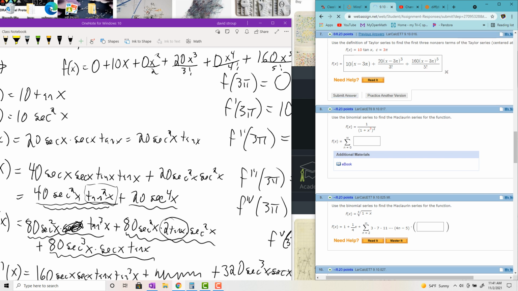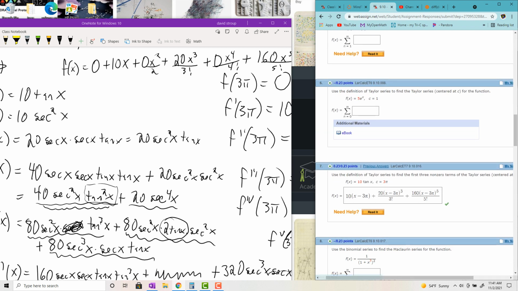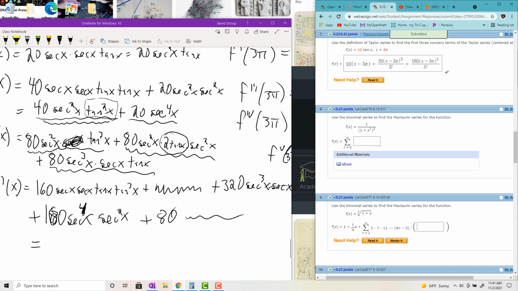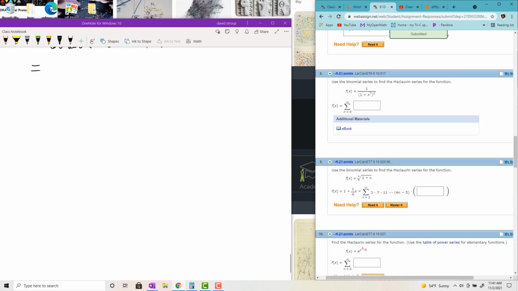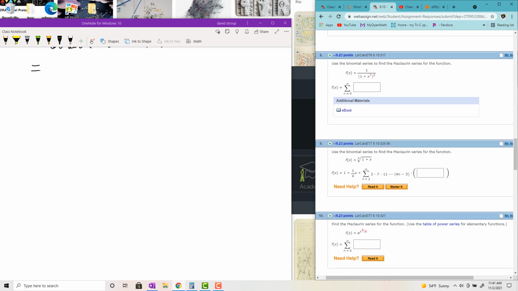And then hopefully that's right. Alright, that's great. Binomial on this guy, and they want it in summation notation because they are evil.